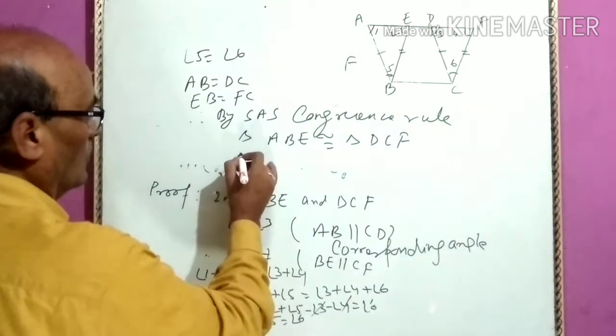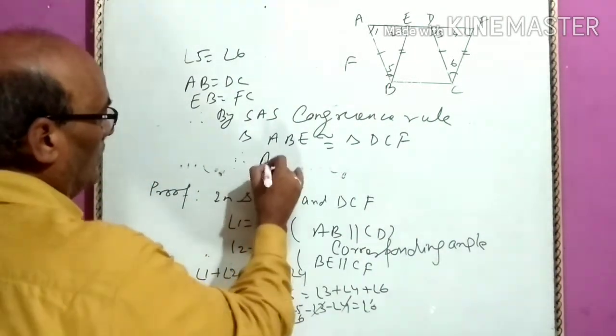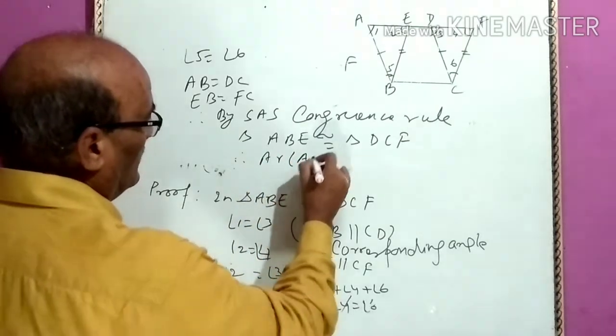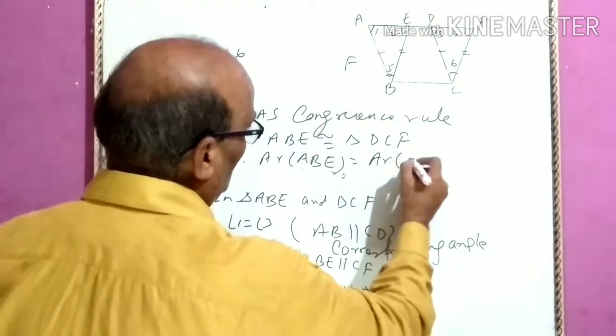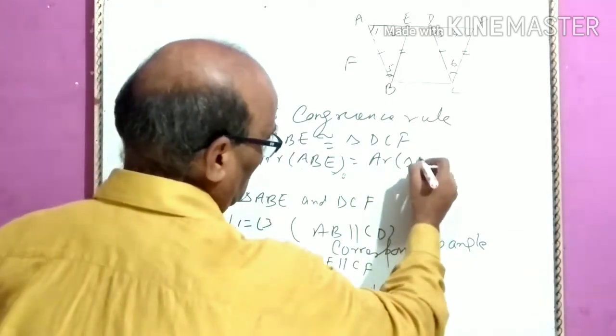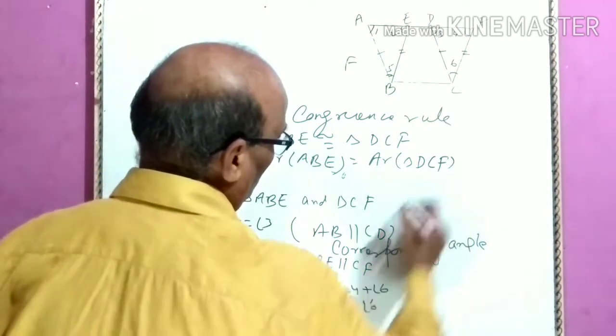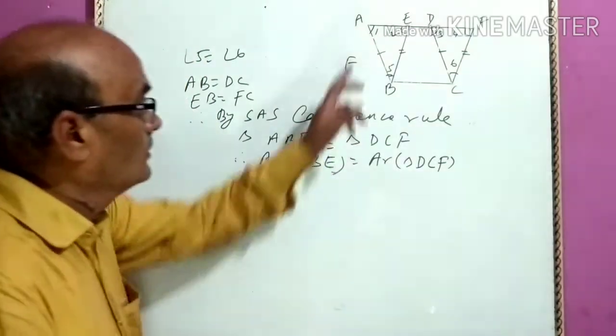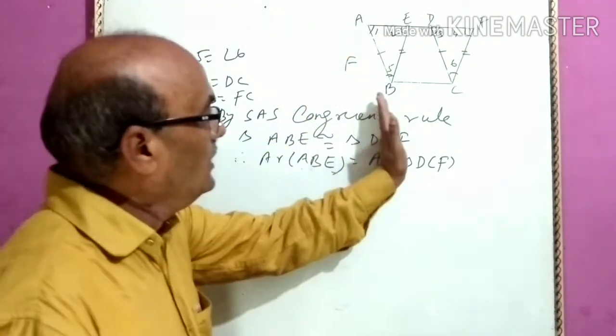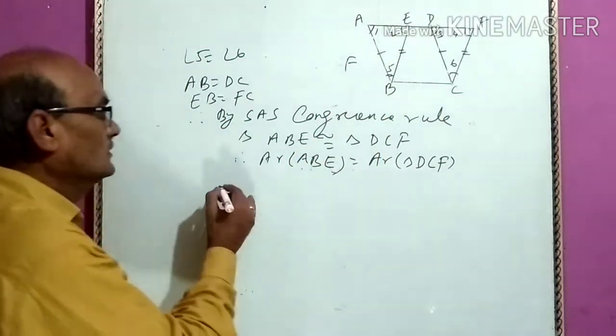Therefore, area of triangle ABE is equal to area of triangle DCF. Now, let us see what the area of ABCD will be.